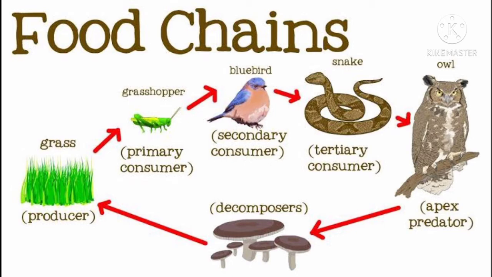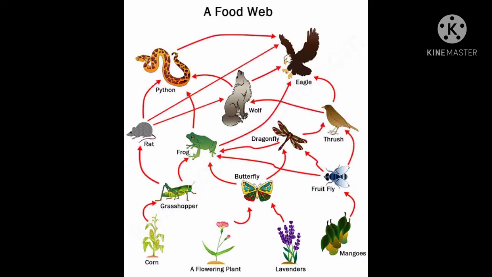What is trophic level? A trophic level is the term used to describe the position of an organism in the food chain. Food web. Many food chains get interlinked and they constitute a food web. Human intervention is an important factor that can disturb the delicate balance in the ecosystem.